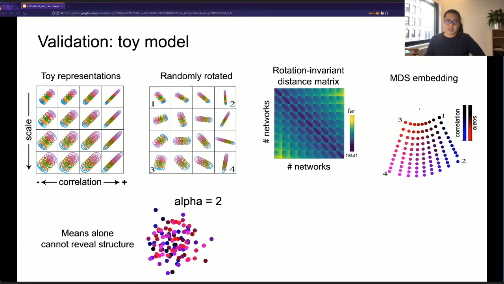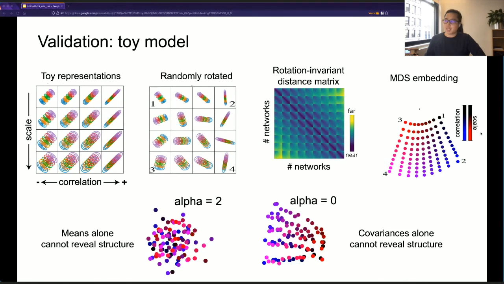And similarly, if we ignore the means and only take covariance structure into account, the plane up here in the top right kind of folds over onto itself, because you need the means to still sort of achieve global alignment in the representations. So by construction here, we are only able to recover the true structure of the data, the networks, by considering both the means and the covariances.